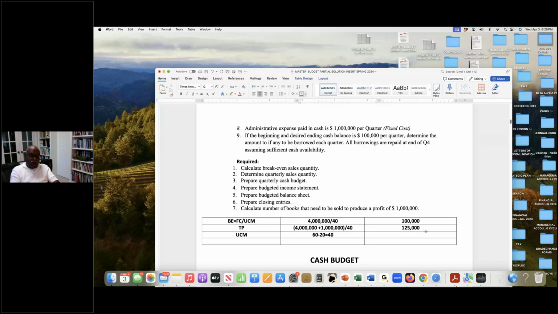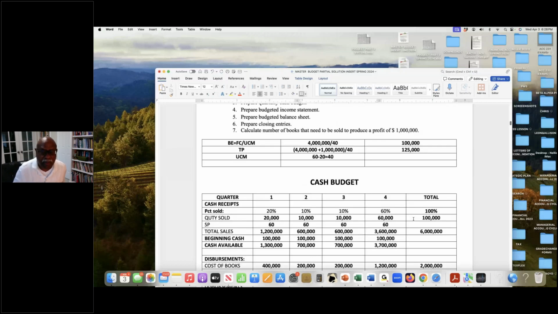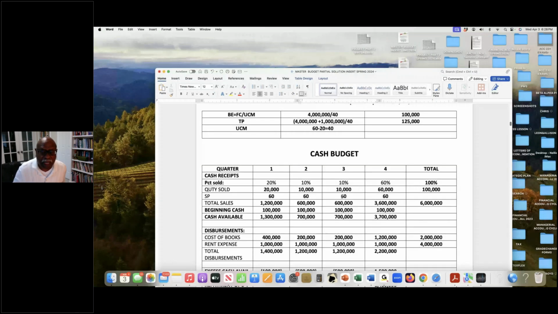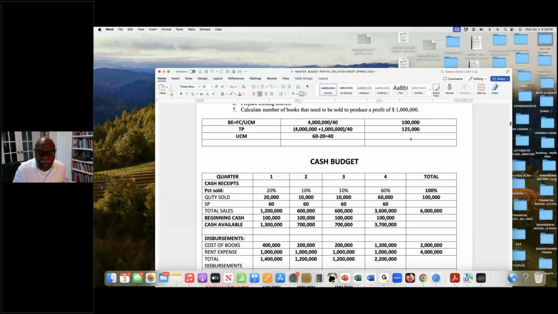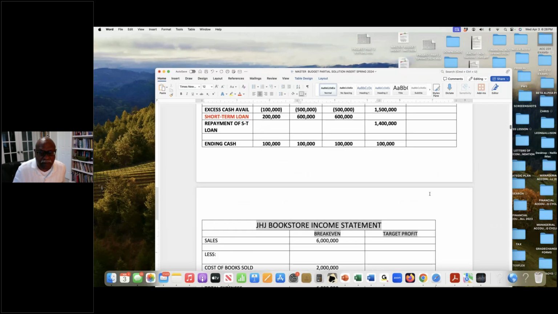So what is your charge? You've got to prepare a cash budget like this, based on 125,000. After you put these numbers on your cash budget, the first thing you put on that budget is 125,000.